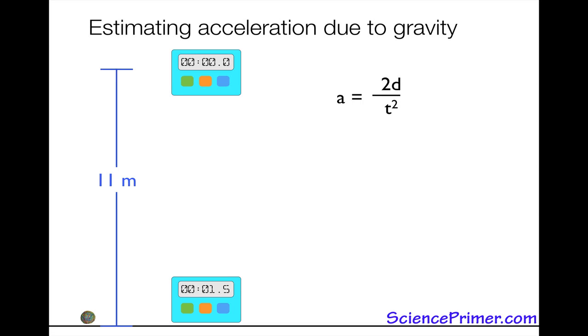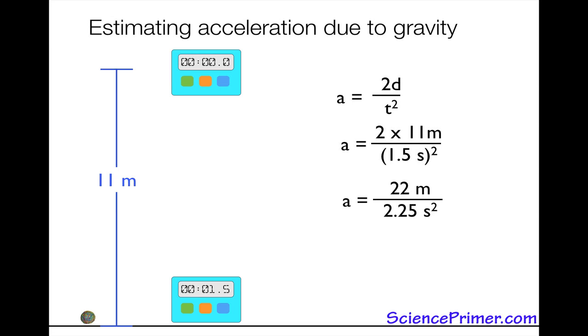We can now plug that into the equation where we put 11 meters in for distance, 1.5 seconds for time. If we solve this equation, we find that its acceleration due to gravity is estimated to be about 9.78, or round up to 9.8 meters per second squared.